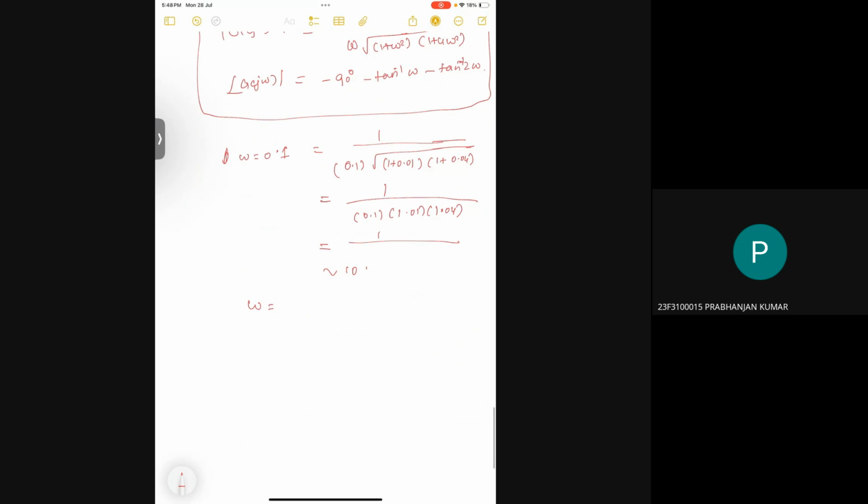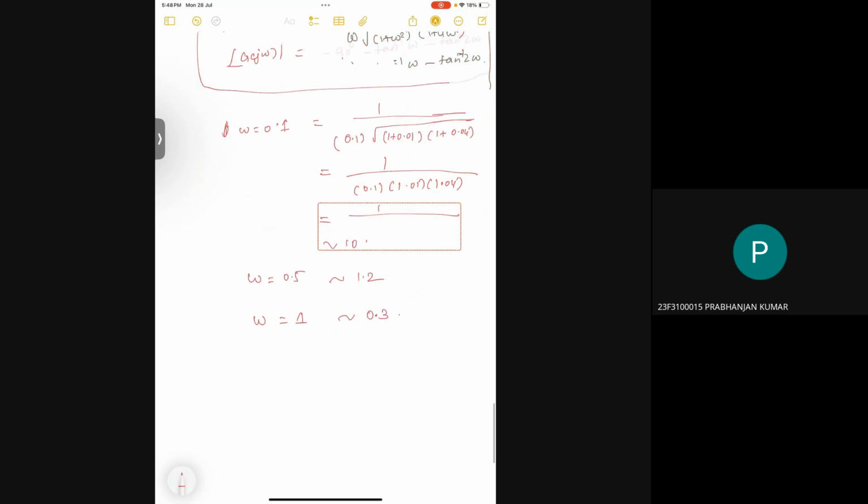Similarly, for omega equal to 0.5, it will come around 1.2. When I take omega equal to 1, it will come nearby 1.3.